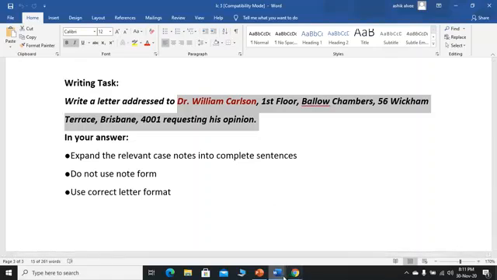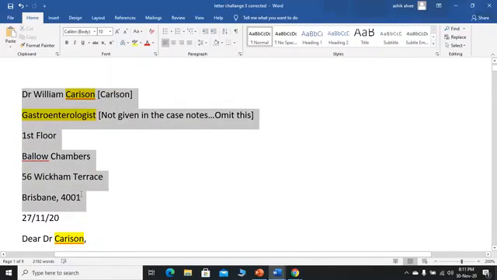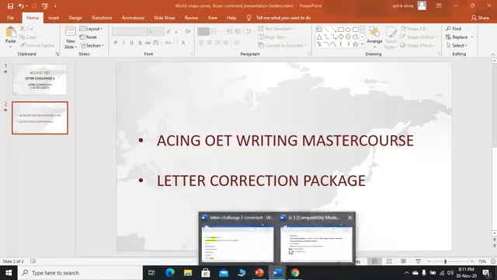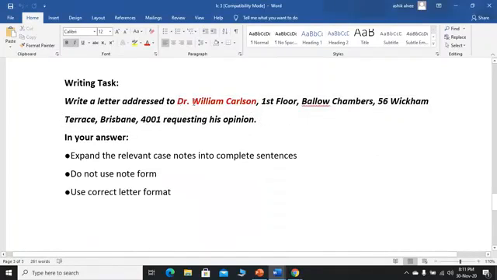So you follow this part when you write the first portion of the letter, that is the address, everything else. You cannot use the word gastroenterologist if it is not written in the address portion. You write exactly what is written here: Dr. William Carlson, first floor, Bellow Chambers, 56 Wickham Terrace, Brisbane, 4001.